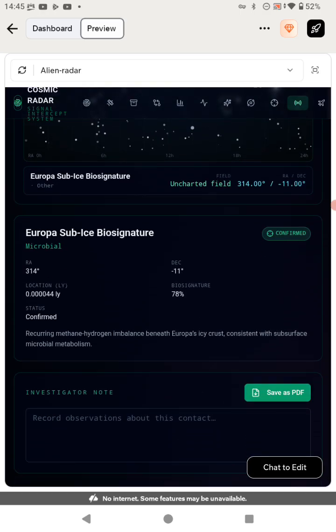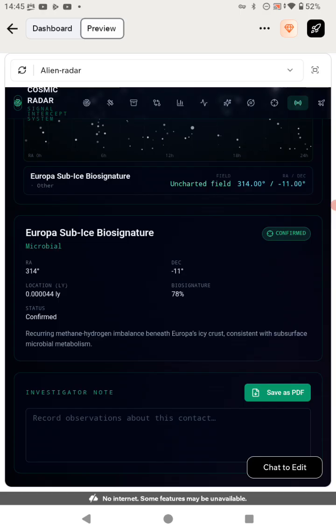Reoccurring methane hydrogen imbalance beneath Europa's icy crust, consistent with subsurface microorbital metabosom.